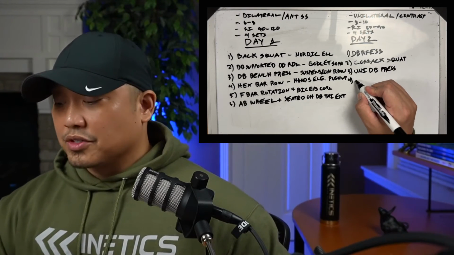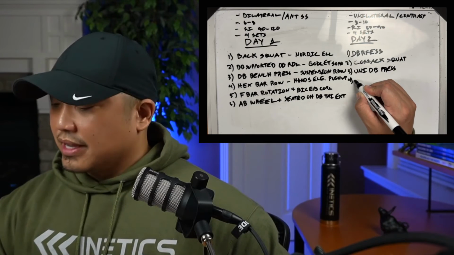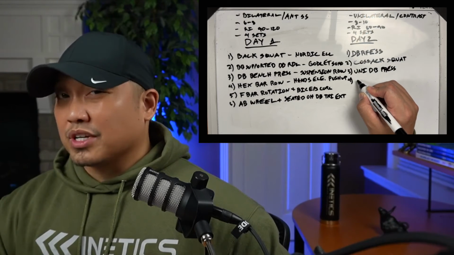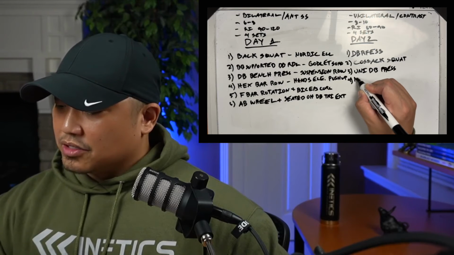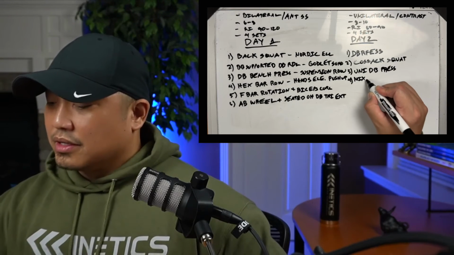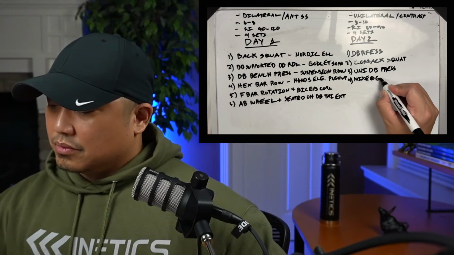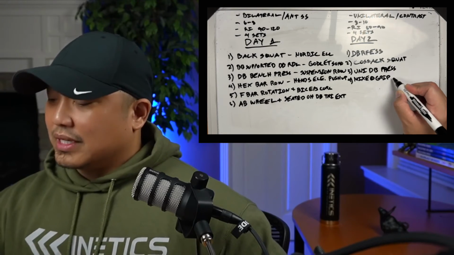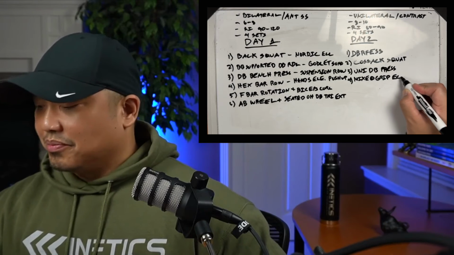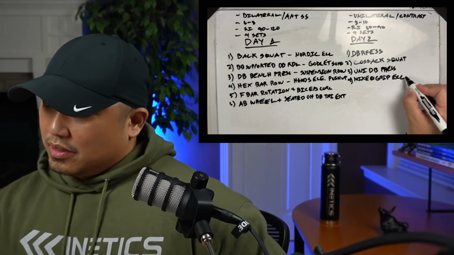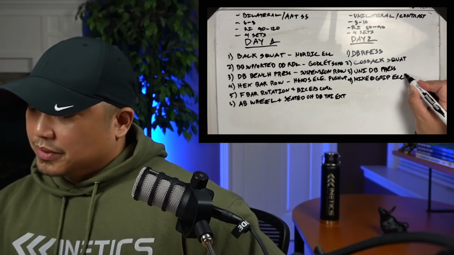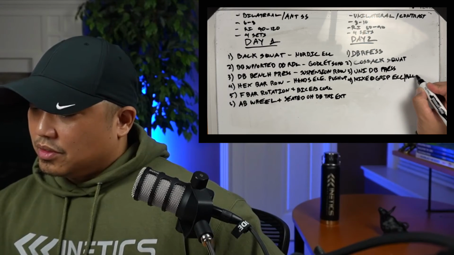In fact, I know these are difficult, but this does add a little bit of that rotation, anti-rotation that I like a lot. So we're going to go with a mixed grip eccentric pull-up. We're definitely going to run out of room.